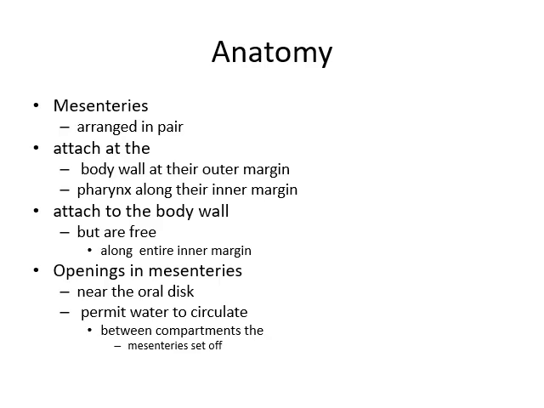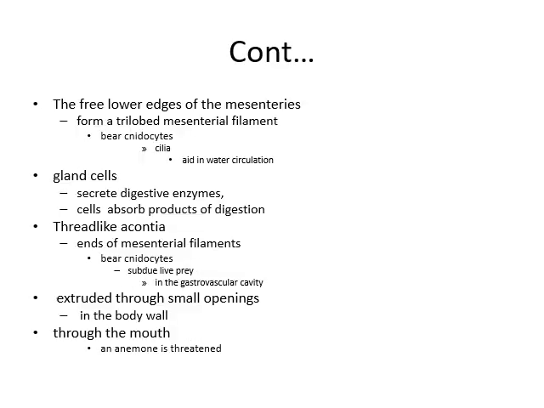The free lower edges of the mesenteries form a trilobed mesenterial filament that bears cnidocytes or cilia and aids in water circulation. They also have gland cells that secrete digestive enzymes.